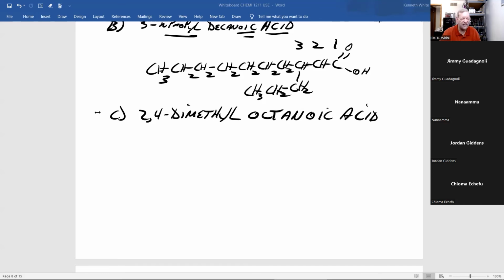All right, time for me to get to work. How do you decode this to know what to draw? You start from the right, move left. OIC in the word acid, that's a carboxylic acid.